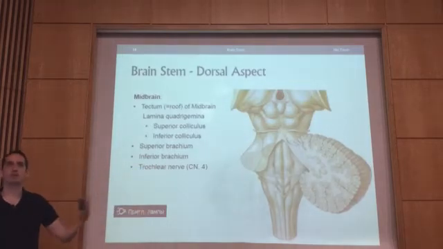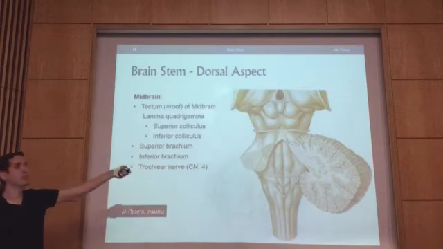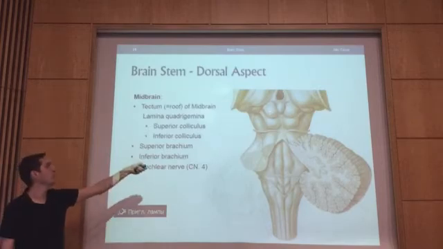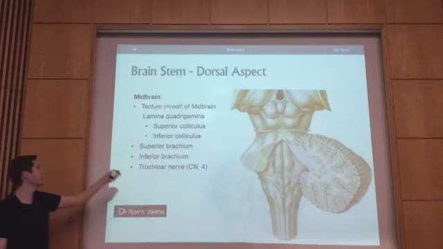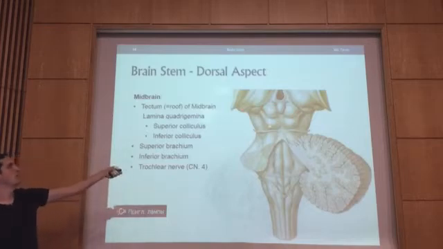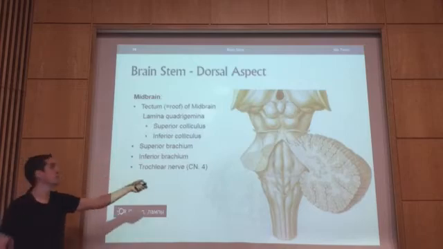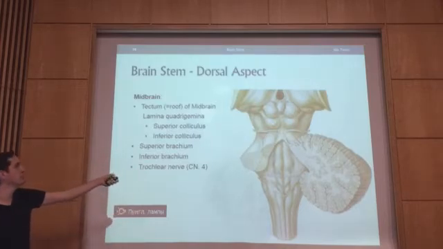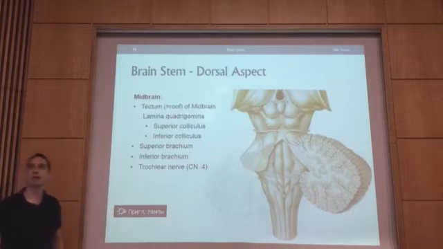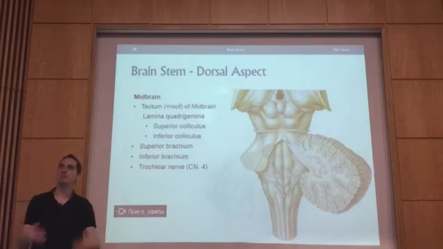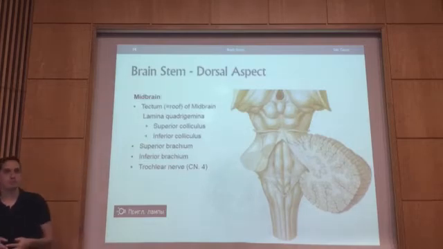The superior colliculus gets visual information and is connected to the lateral geniculate body of the thalamus through the superior brachium. The inferior colliculus is an auditory nucleus, and the auditory information goes through the inferior brachium to the medial geniculate body. Now, about these visual and auditory systems.